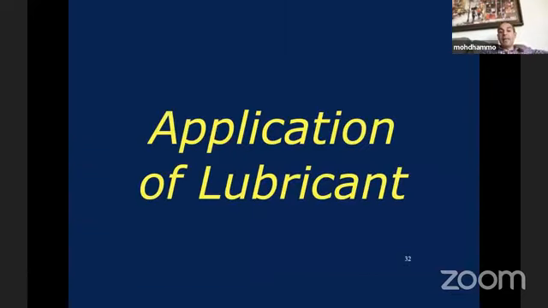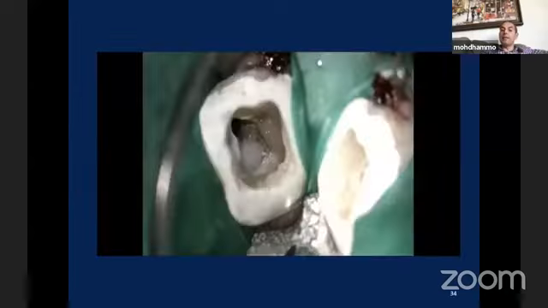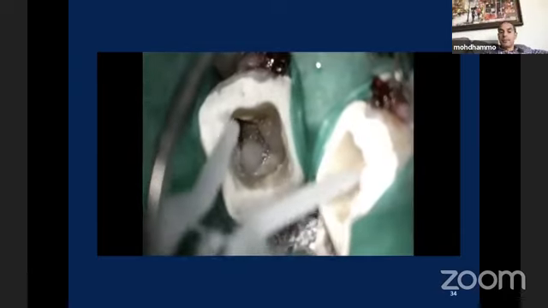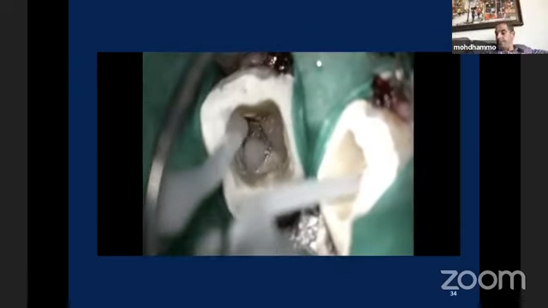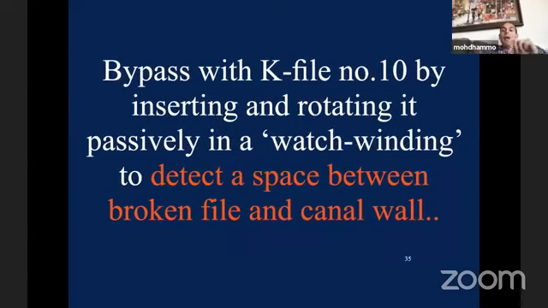The second step, I have to apply lubricant, and lubricant and chelator will facilitate bypassing. So here I have a broken fragment in this canal, so I will place lubricant. Next, now we will go to our hero of bypassing.